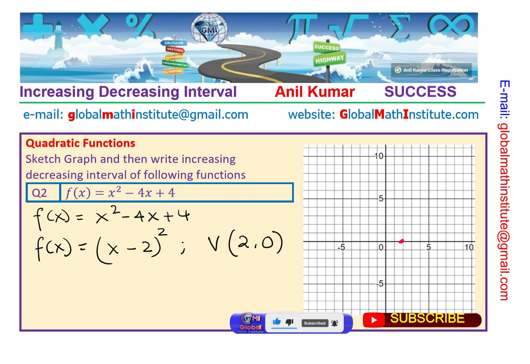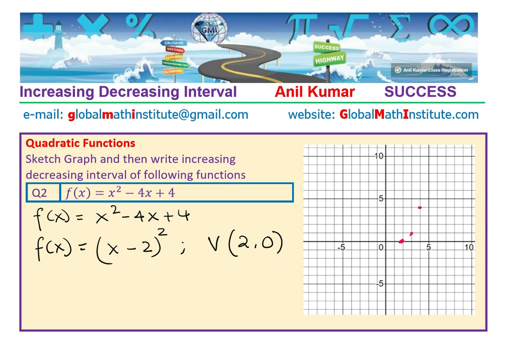And again, we can make the parabola using the steps, or you can also use table of values, right? So next step of 3 and then 5. 1, 2, 3, 4, 5. And then from symmetry, you can get the other values, right? Connect these points with a smooth curve.